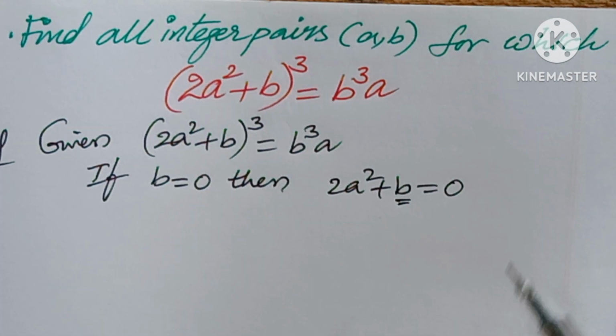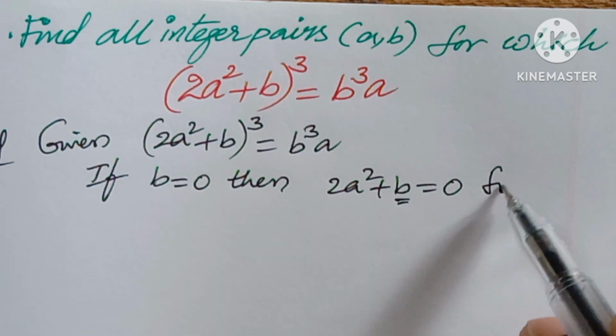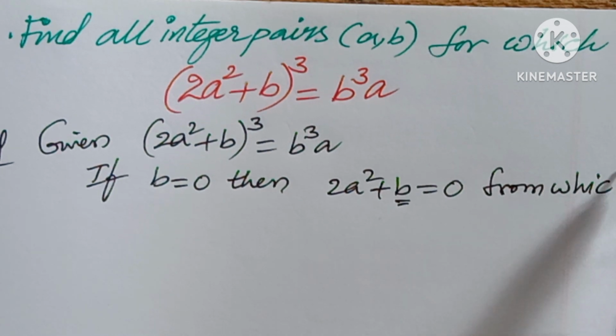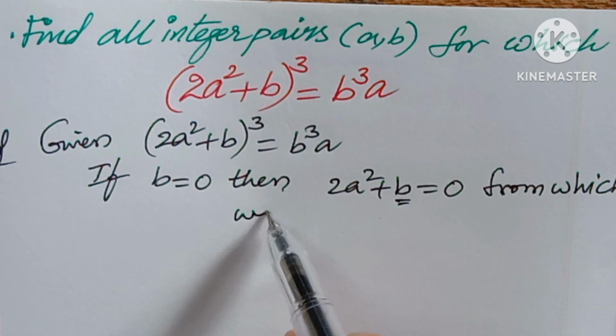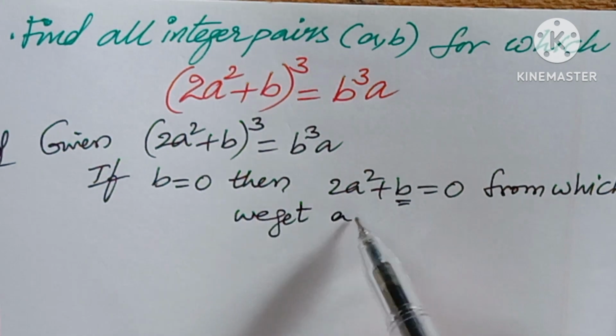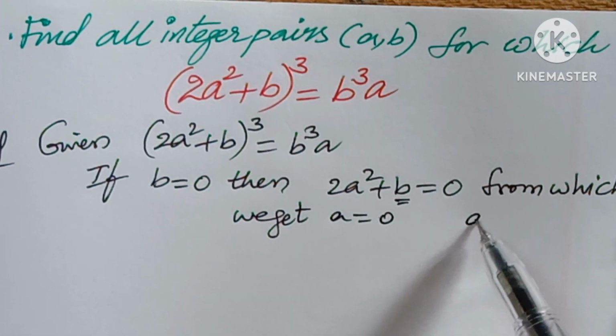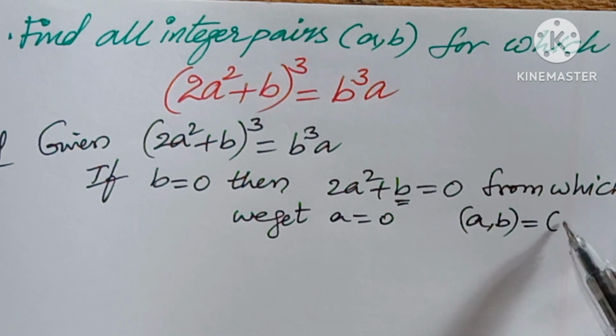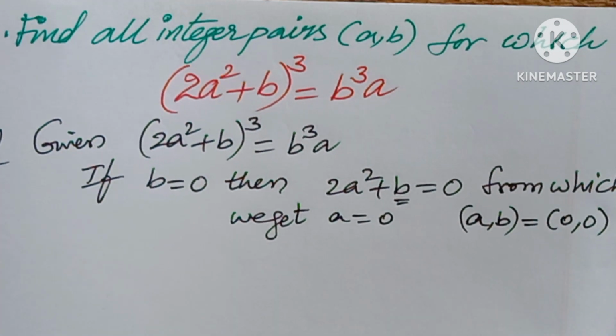Here already b is 0, from which we get a also 0. So (a, b) = (0, 0) is one solution.